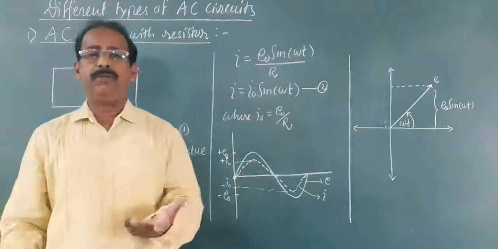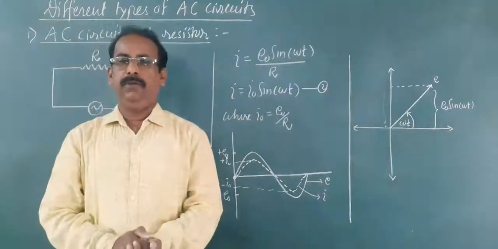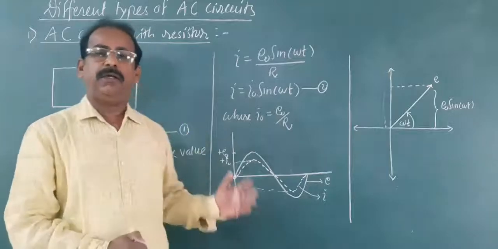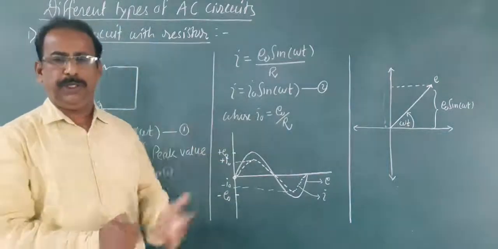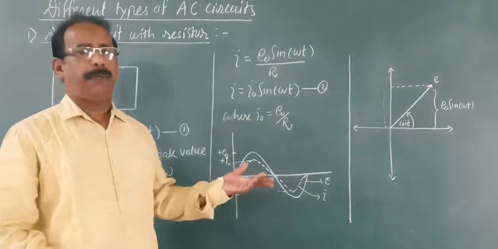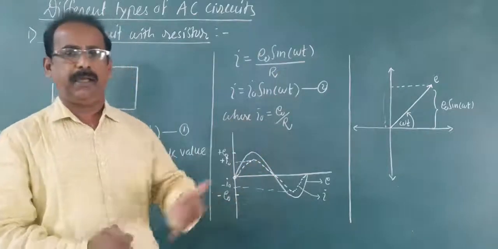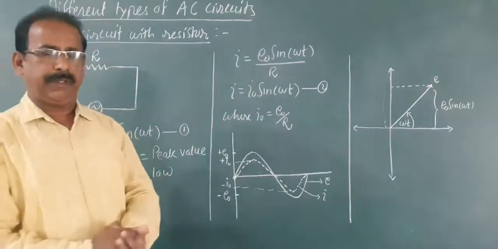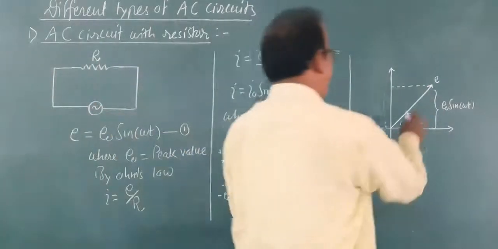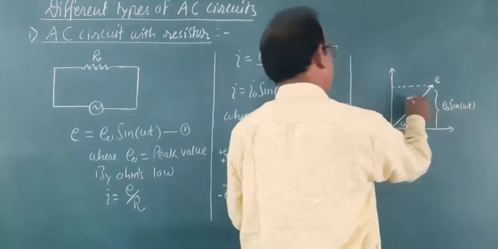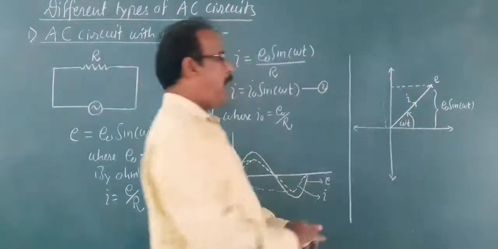Now draw the phasor for current. As current is in phase with EMF, the phasor for current will come along the same direction, along the same line, whose magnitude is equal to I0. This is the phasor for current.